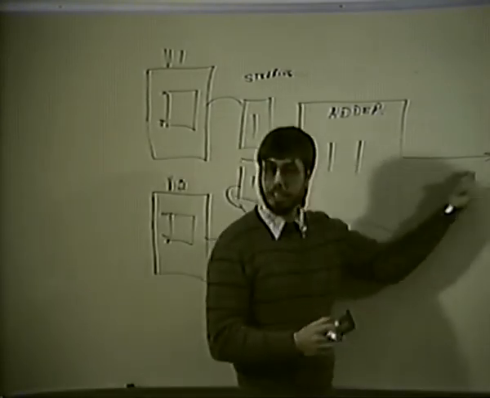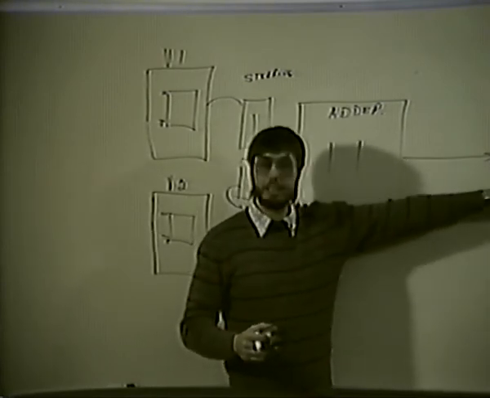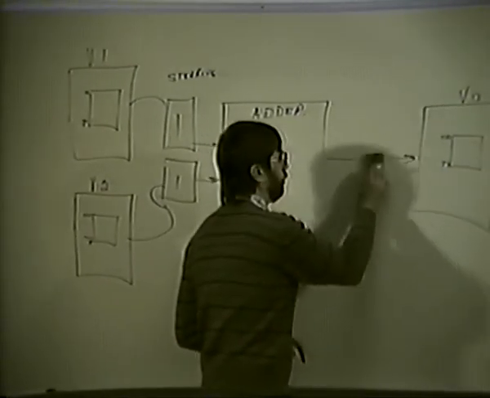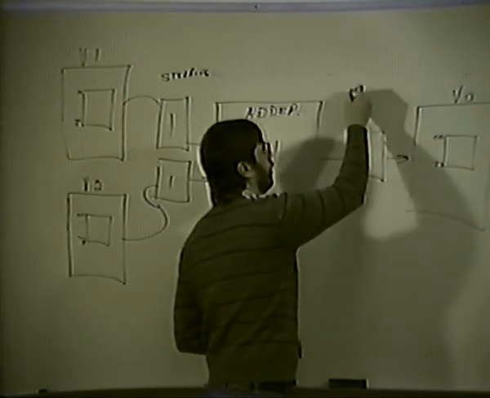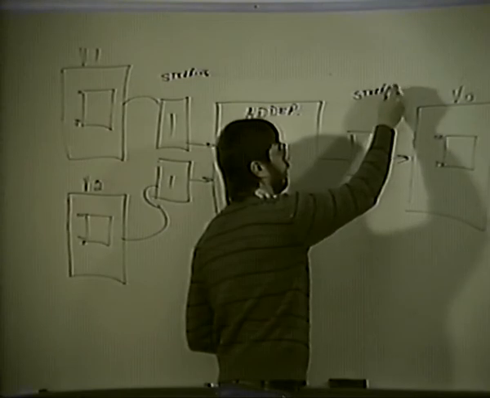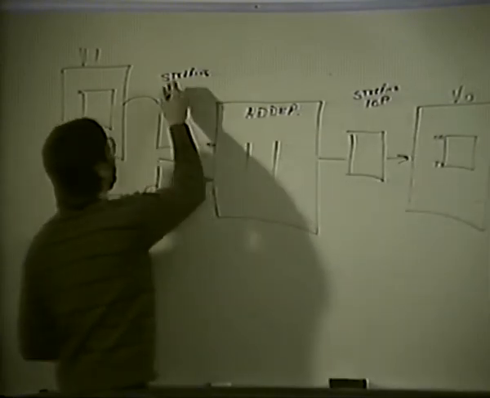On the other side, we've got the same problem, don't we? We've got 8 different functional units that are going to be sending data to one of 8 possible registers. So the same thing applies. We have to put a steering module in here also. And this takes 1 clock period on both sides here.